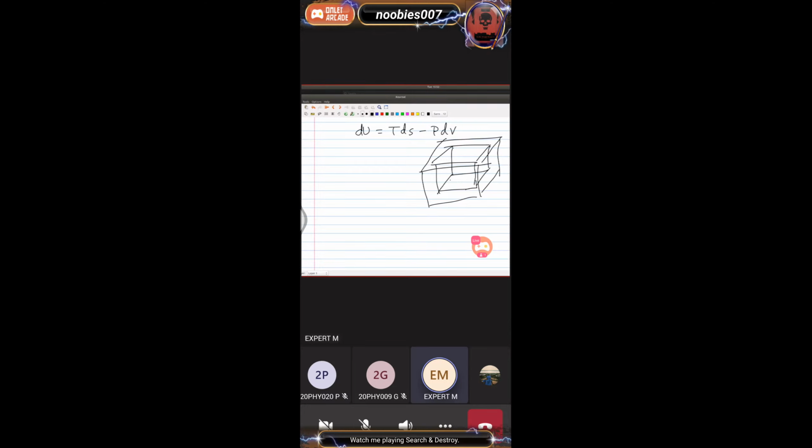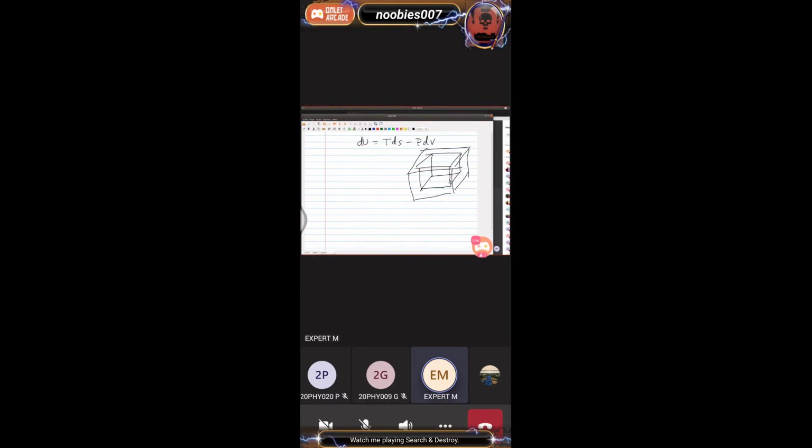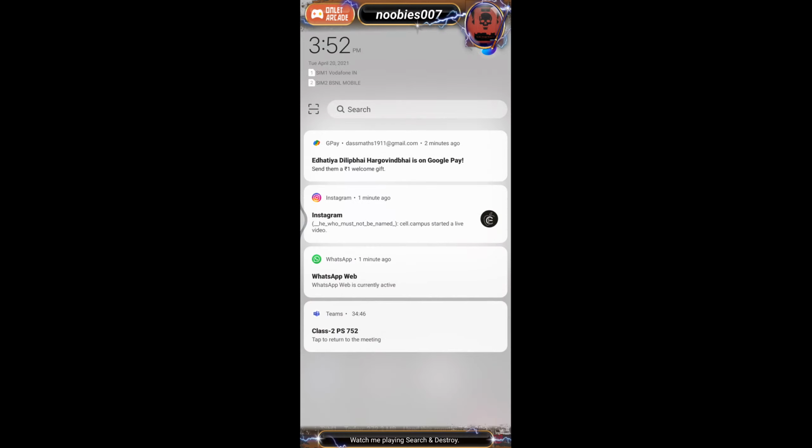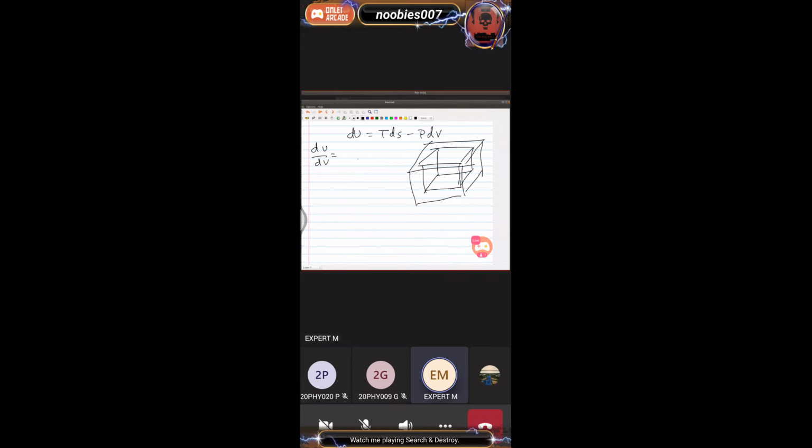Okay, so let me check whether the internal energy of a system, for an ideal gas, can depend on volume or cannot depend on volume. So dU/dV is T dS/dV minus P, right?